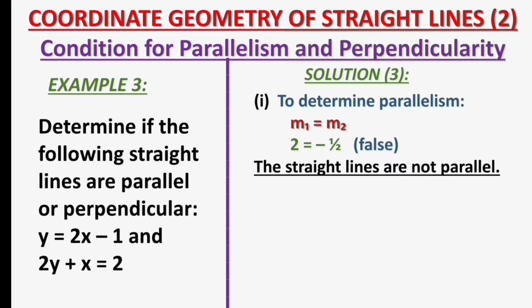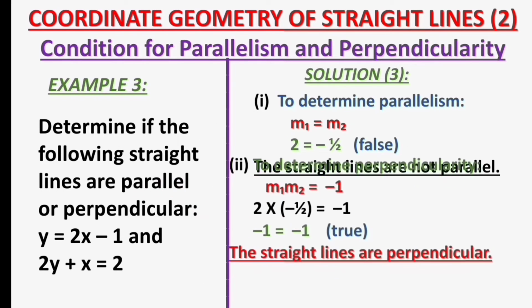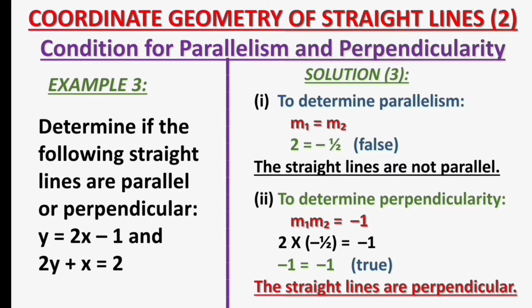Next, can you remember the condition for perpendicularity? Let's see if you can. To determine perpendicularity, m1 times m2 should be equal to minus 1. Here, m1 is equal to 2 and m2 is equal to minus 1 over 2.